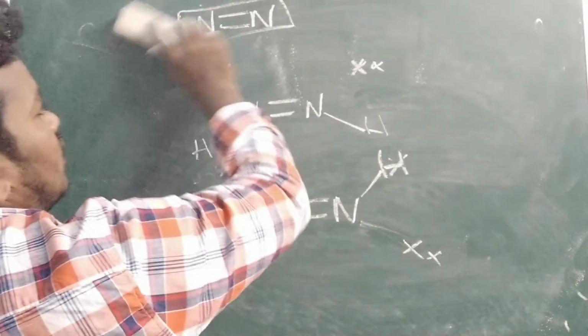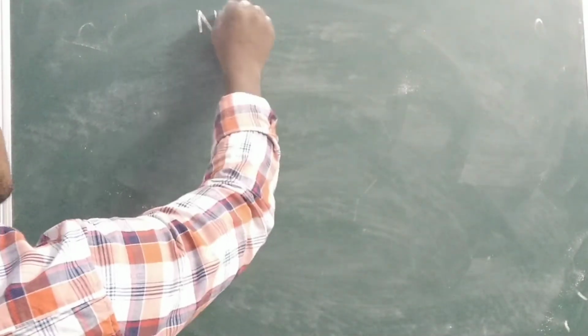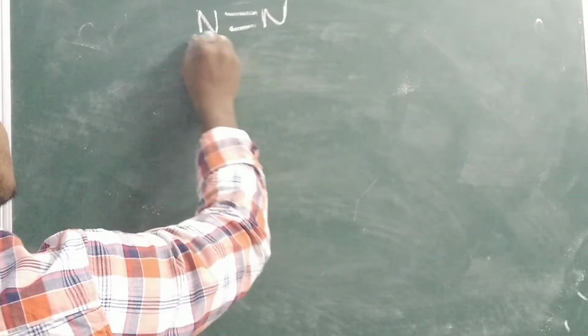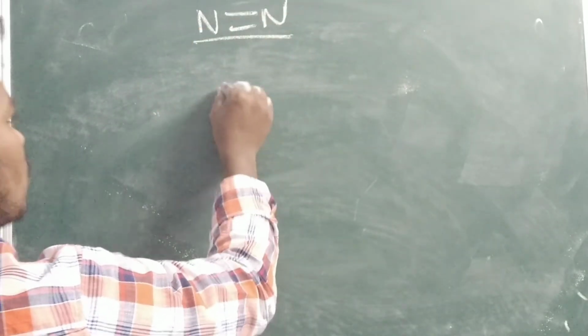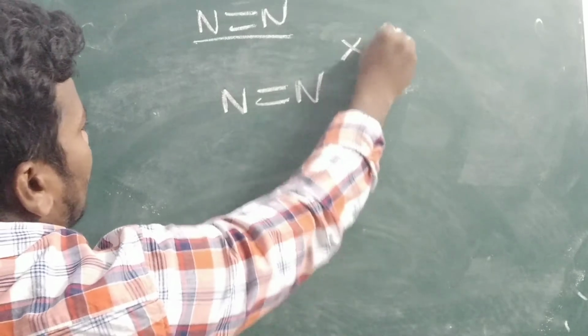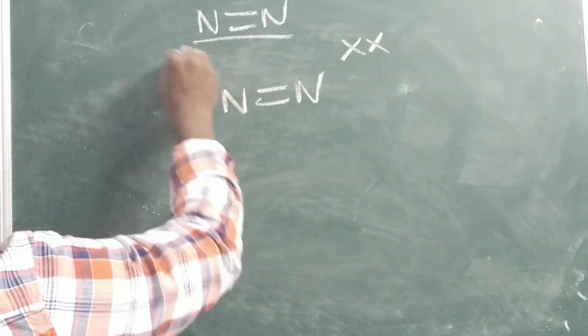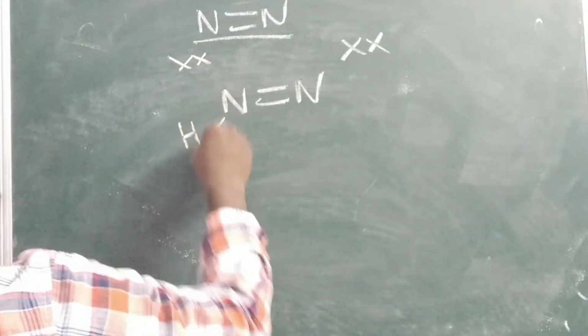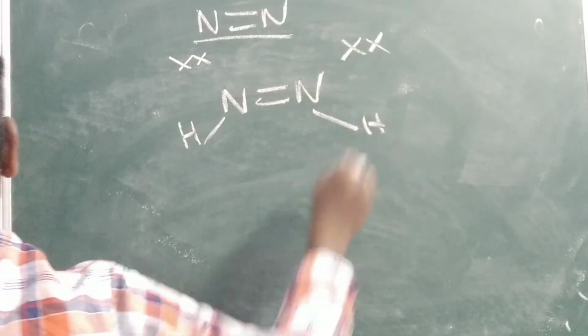Here I also want to know how the syn and anti isomers appear in azo compounds. N double bond N, syn and anti. Here you can see N double bond N, lone pairs, H presented here and H presented here.